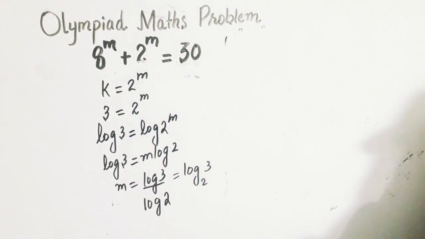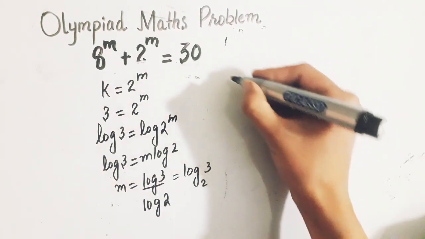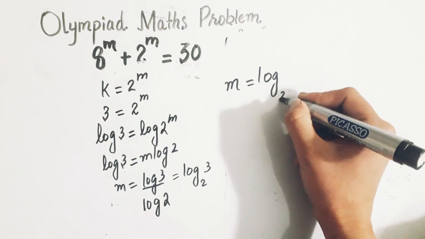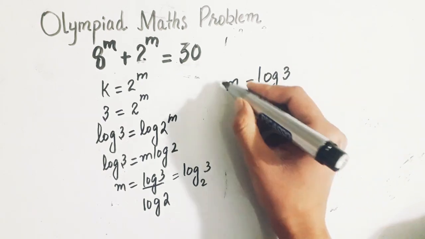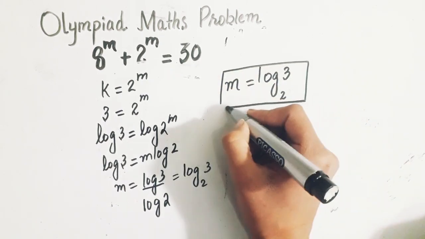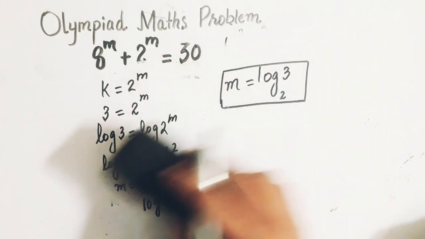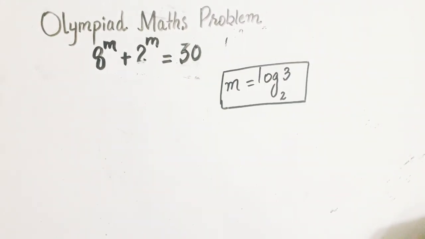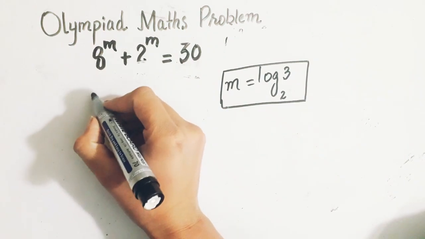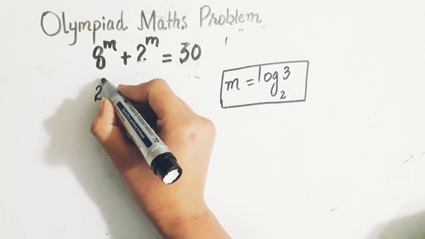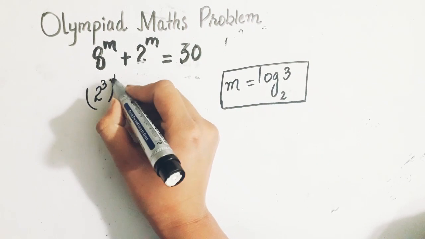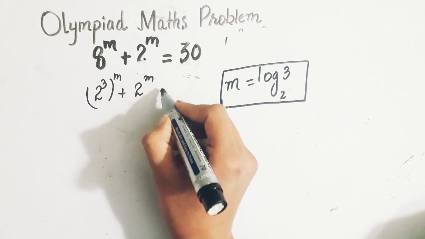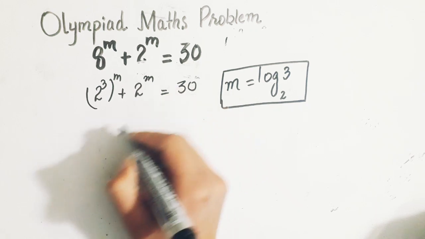So we write the value of m here: m equals log base 2 of 3. Now we will do the verification. 8 raised to power m means 2 cube power m, plus 2 power m, equals 30.